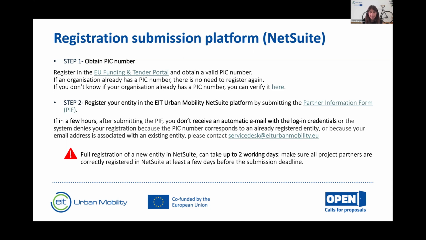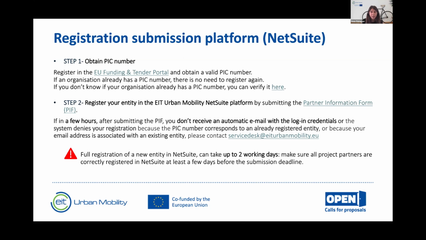The PIC number is quite easy to create, but for the PIF to join NetSuite, you have to fill in this form. If you don't receive an email within a few hours after filling in this form, contact us through the service desk mail.